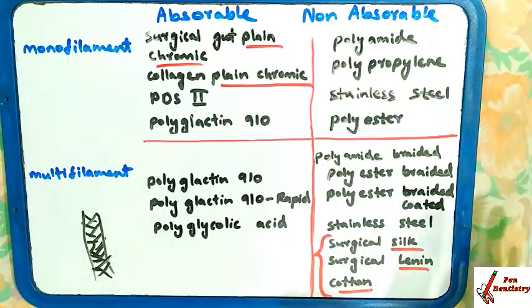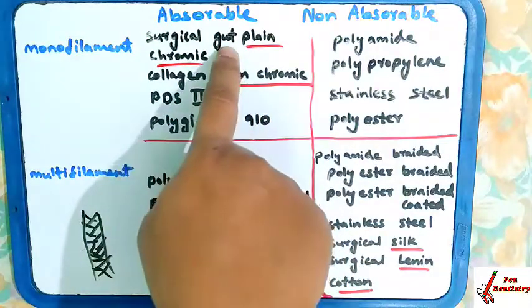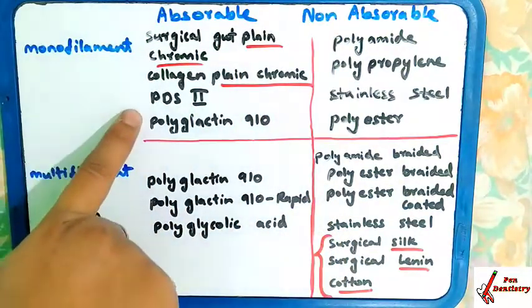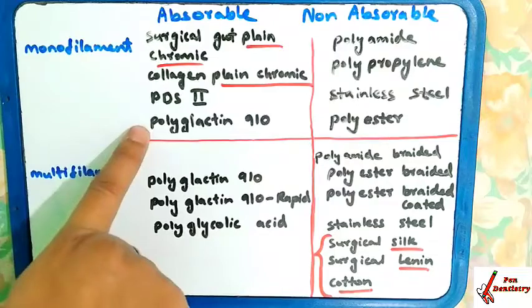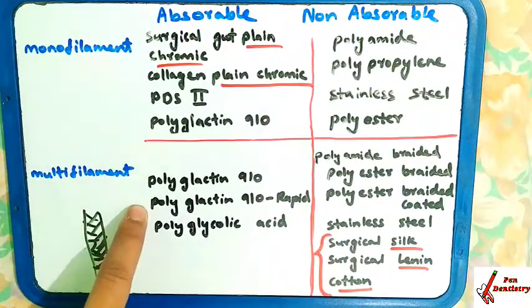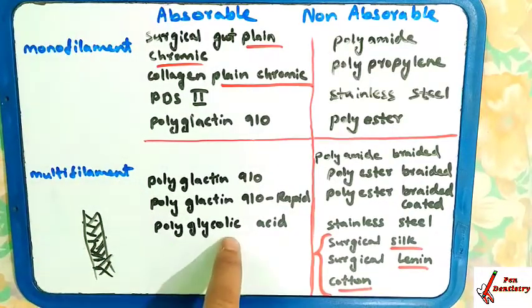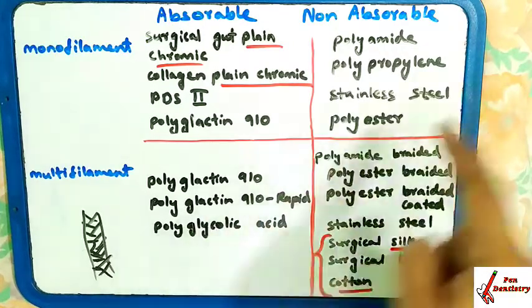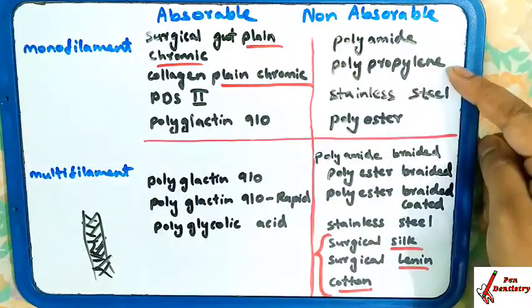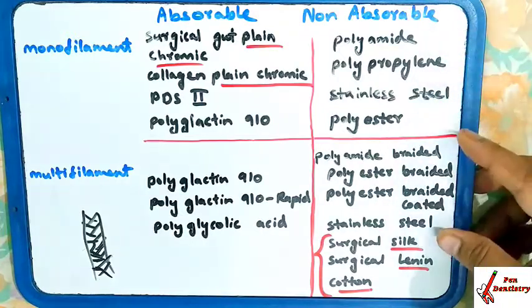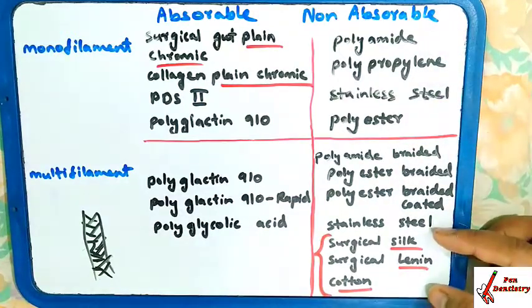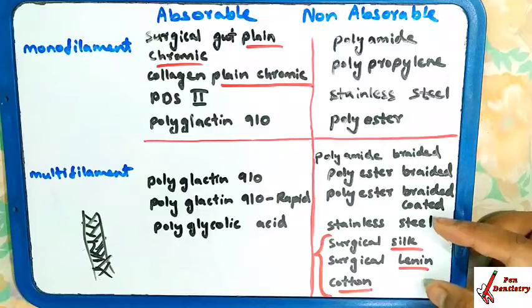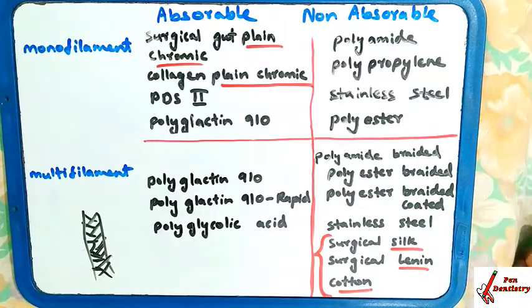First you see the gut, then collagen, PDS 2, polyglactin, and polyglactin is repeated here, with the exception of polyglycolic acid, which is the only extra thing. Here polypropylene is the extra thing and the rest are repeated. Then cloth material is used: silk, linen and cotton. Hope you are understanding this.